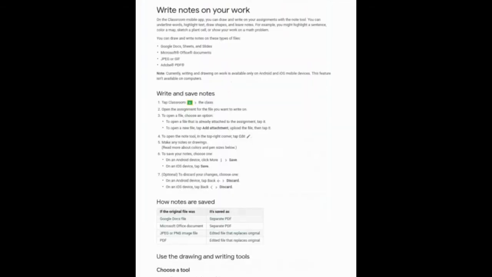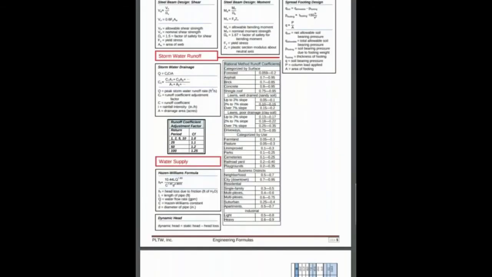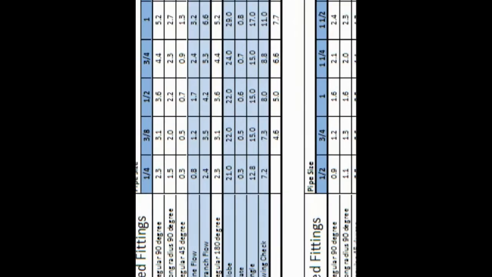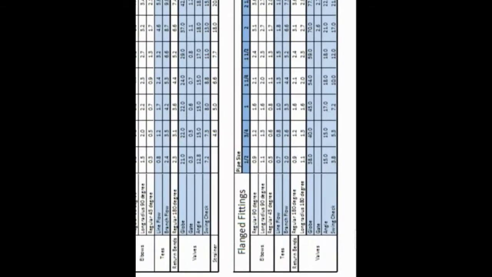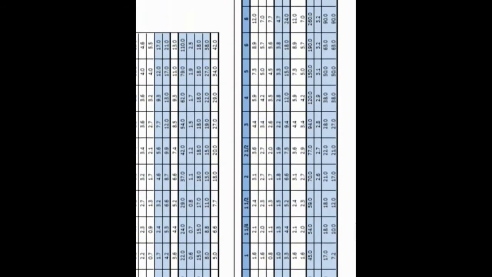Looking up the branch flow T's, if you want to take the time. Let's see. Branch flow T's, 10-inch.